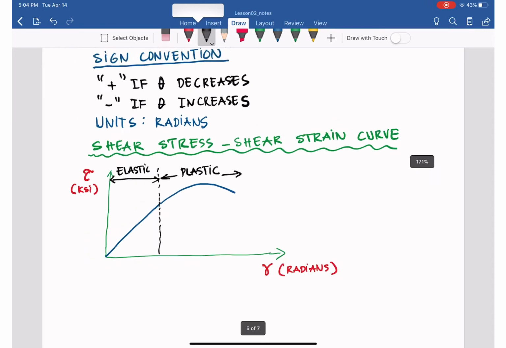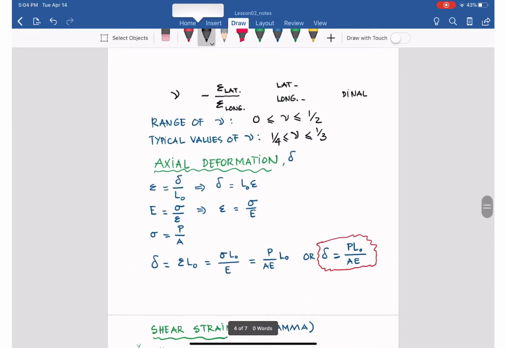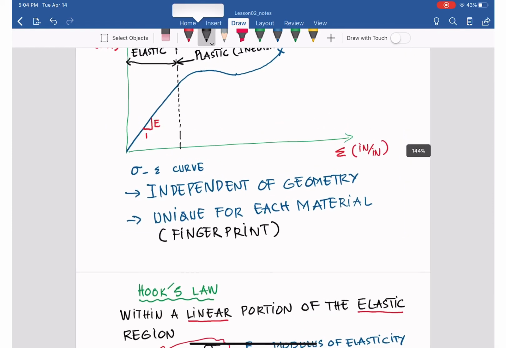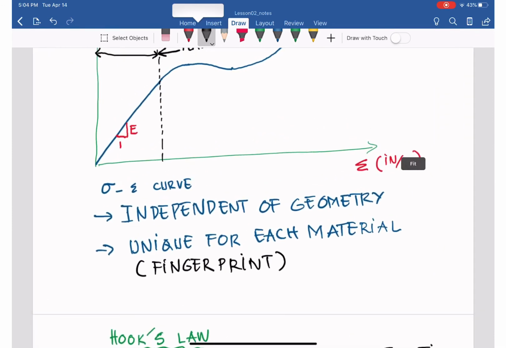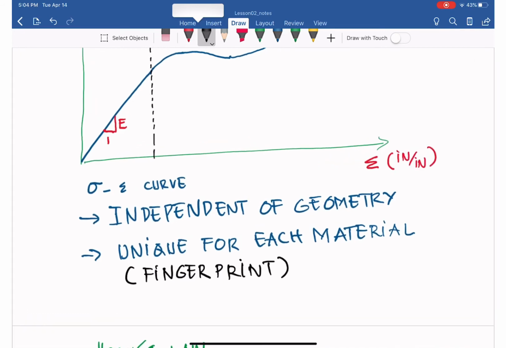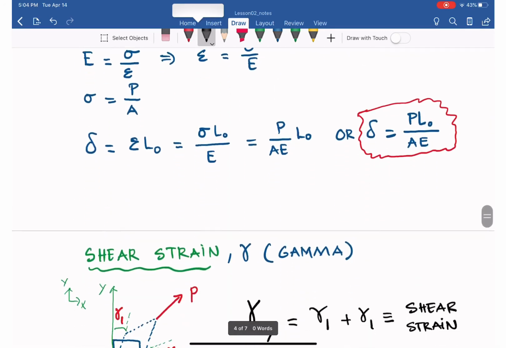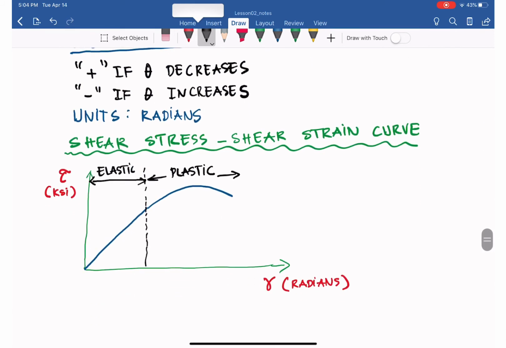So as you can see, the curve is similar to the curve for normal stress, normal strain. If we go 1 in epsilon, we have E in the linear portion. We can do exactly the same. If we go to the shear strain horizontally 1, go up, it will be constant in that linear portion, and that we call chi.